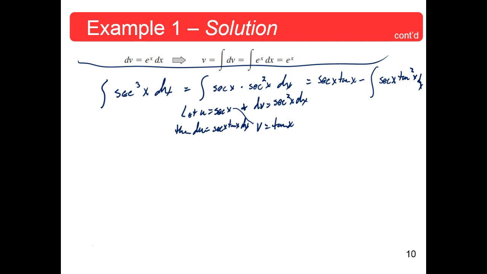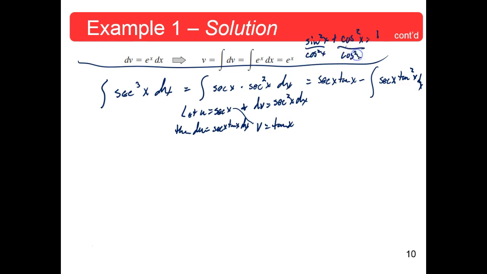Sine squared x plus cosine squared x is equal to what? Always 1. Now, if I want to get a tangent squared out of that, what is tangent squared? Sine over cosine. So let's divide everything by cosine squared x.